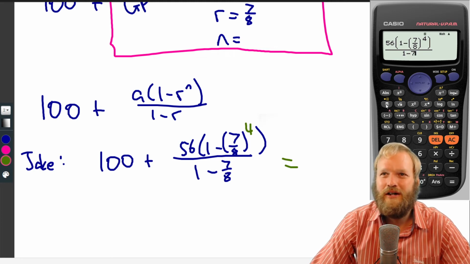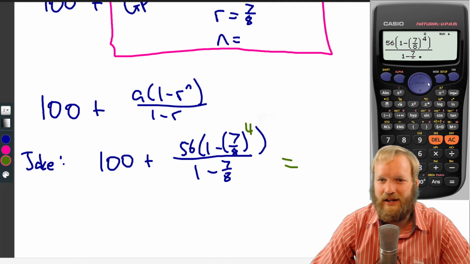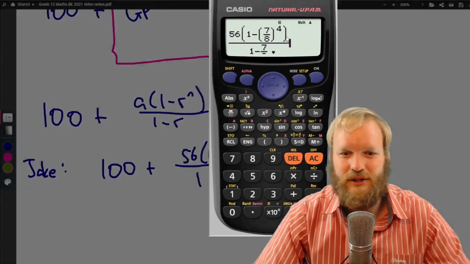I guess we could have written an 8th there, but you know what? 7/8. Okay, and I'm purposely just leaving that calculator bit up there. Let's really get it nice and big there. Just to point out, we're raising that whole 7/8 to the power of 4. So that's why I wanted to show you that bit there in our brackets, just to make sure. I think you are getting that right, but just to be doubly sure, right?